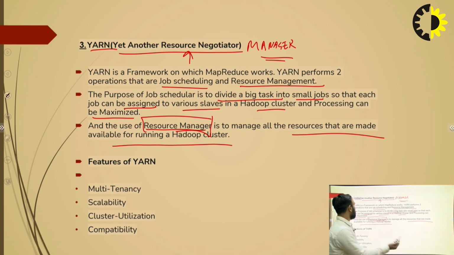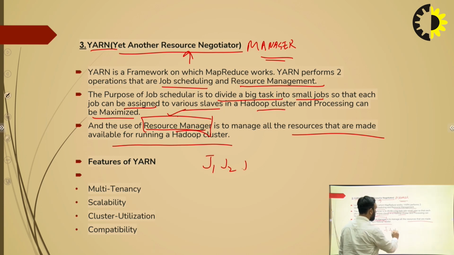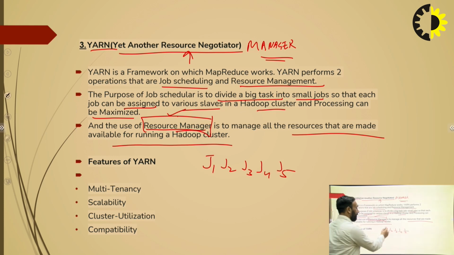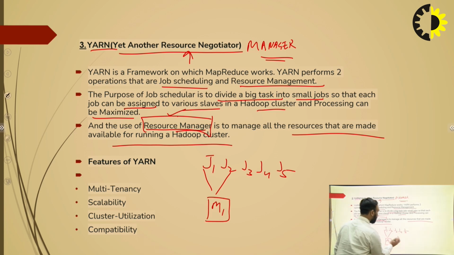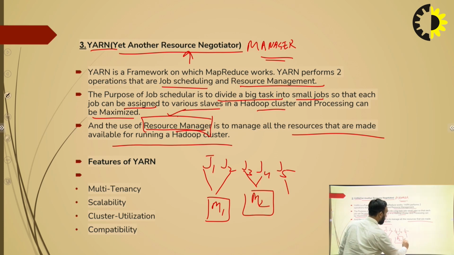To manage resources and job scheduling, we require YARN, known as Yet Another Resource Negotiator, in which resources and jobs are organized. I will take an example here. If we have jobs J1, J2, J3, J4, J5, job 1 and 2 will run on machine M1, the next will run on M2 and the next will run on M3.